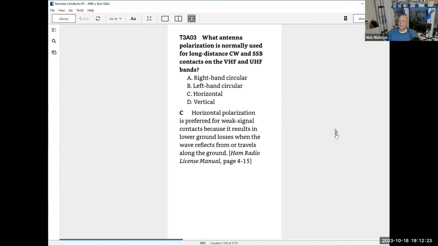Now, left hand and right hand circular polarized antennas are predominantly used to communicate with satellites. It's because satellites spin. And when they spin, their antenna is either spinning left-handed or right-handed, which means either clockwise or counterclockwise. And we define right hand as clockwise, left hand as counterclockwise.